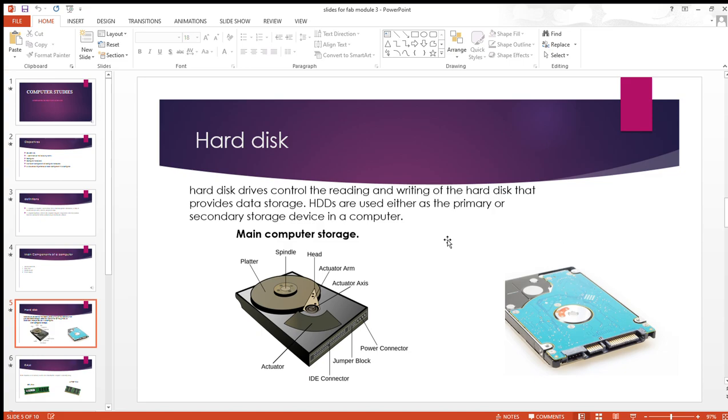with me, I have the HDD hard disk. I hope everyone can see it. We have several parts of the HDD.